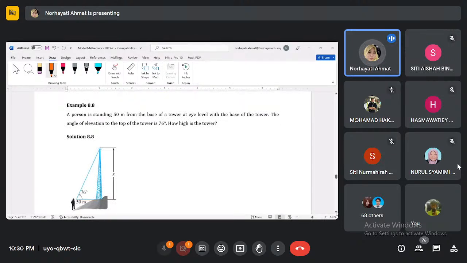Okay, so we have a situation, a person is standing 50 meter from the base of a tower at eye level, okay, with the base of the tower.